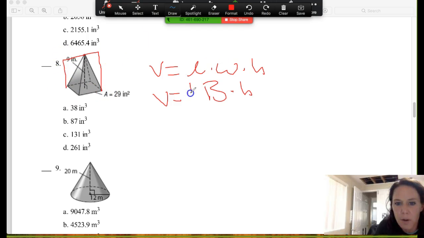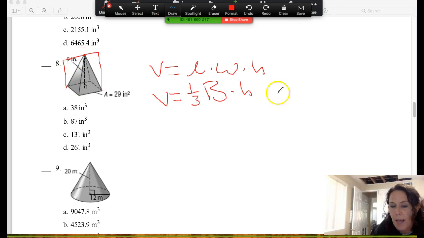So we do a third of the area of the base times the height. All right? So instead of doing length times width times the height, which they give me right here, is 9. Not the slant height, the actual height of the pyramid. Don't get that confused with the slant height. The slant height would be on the face of the pyramid.